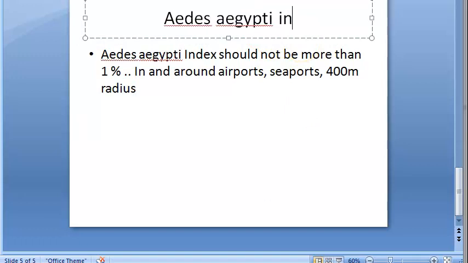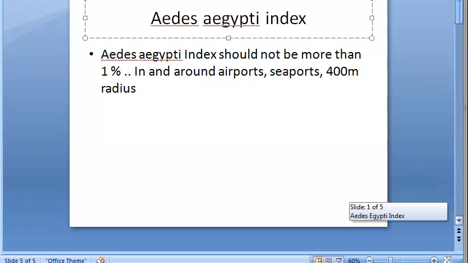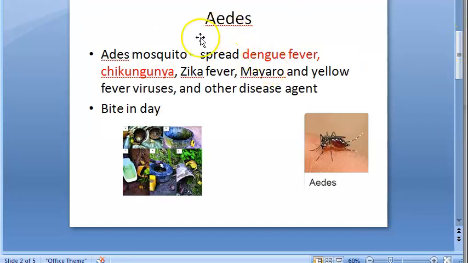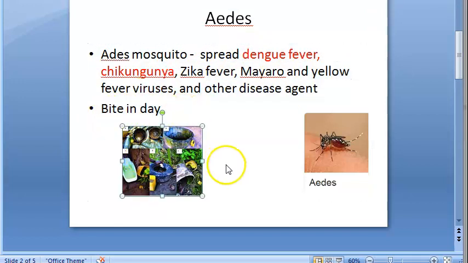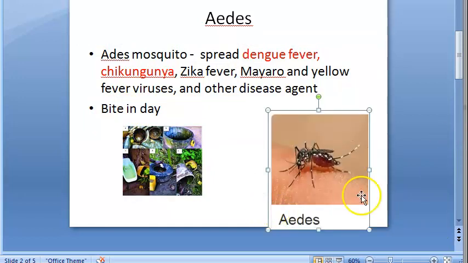So this is the Aedes aegypti index. In this video we have looked at a small introduction to what the Aedes mosquito is, what it spreads: the dengue virus, the chikungunya virus, the Zika, the yellow fever. They bite during the day, they breed in artificial waters, they live in and around humans, they are very much attached to humans.